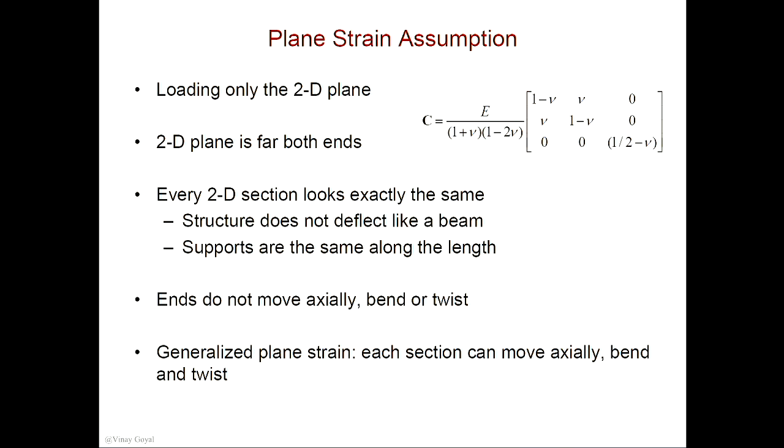For plane strain, the loading also happens in a 2D direction, but the 2D planes are far apart from one end to another. So it's very thick, almost infinite in one direction. Every 2D section looks exactly the same. The structure does not deflect like a beam. Supports are the same along the length.